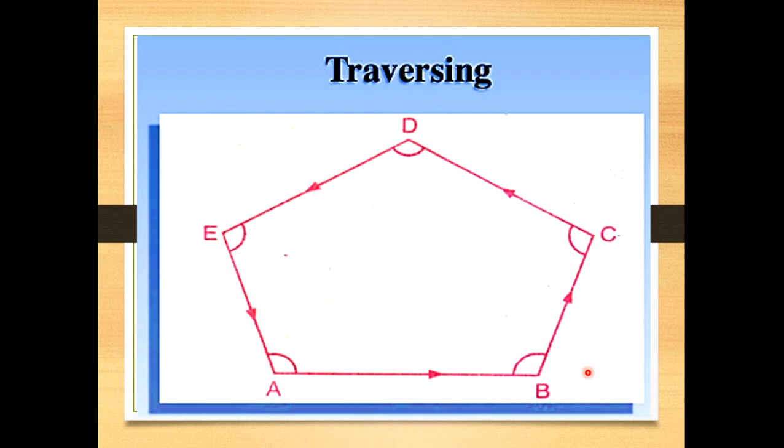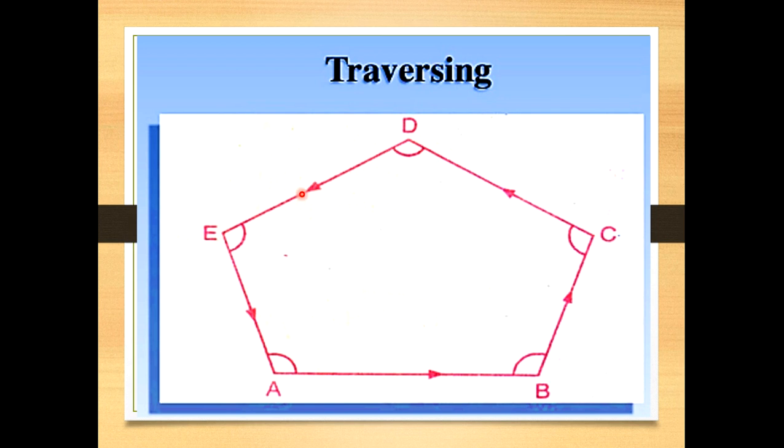So next is the traversing. This figure shows a framework consisting of connected lines forming a closed traverse. And what is traversing? In the traversing method the lengths are measured, see lengths ED, DC, CB, BA and A. The lengths are measured with the help of tape or chain.